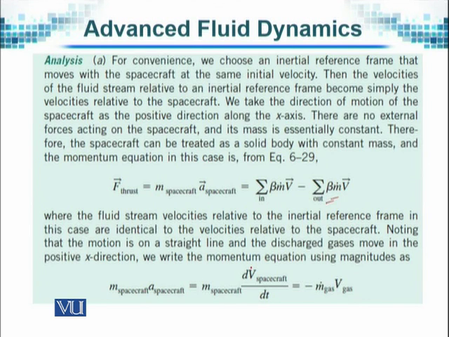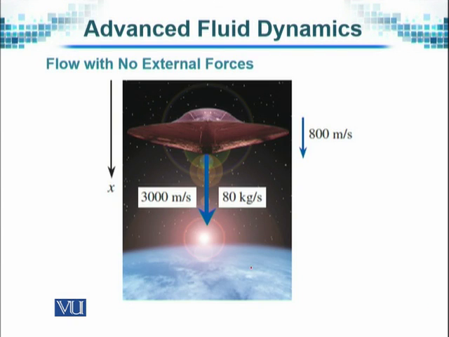Acceleration is nothing but dv by dt in this case, and this is equal to mass of the gas times the velocity of the gas. So here is a pictorial diagram trying to depict the spacecraft that is falling downwards with the parameters that have been given in the question.